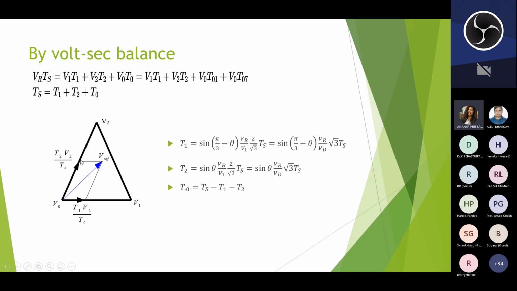And here we have to calculate each timing, that is T1, T2 and T0. So here we can apply the similar triangle concept, similar sides. That's why from this we get T1 and T2, and T0 is nothing but Ts minus T1 and T2.